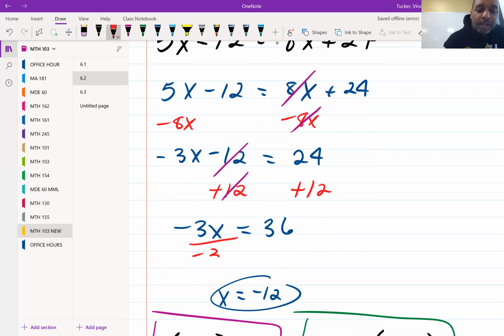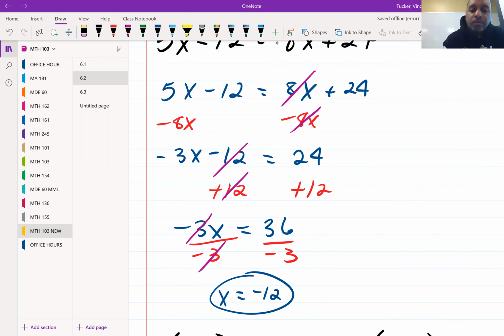And then we finish it off by dividing both sides by negative 3. x is equal to negative 12. Any questions on that one before we go to the next one?